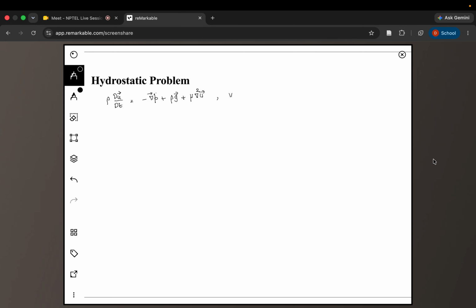This, and we also have continuity. A hydrostatic problem is like, let's say you have a tank on your rooftop and there is water inside the tank. Let's say the tank is completely full with liquid, and you want to see the velocity vector field inside this tank. So what would happen to my governing equation?